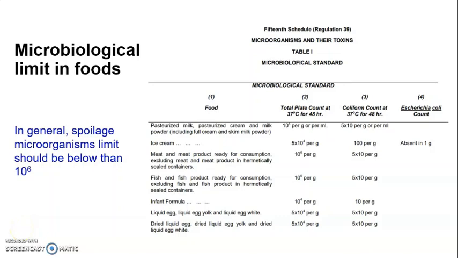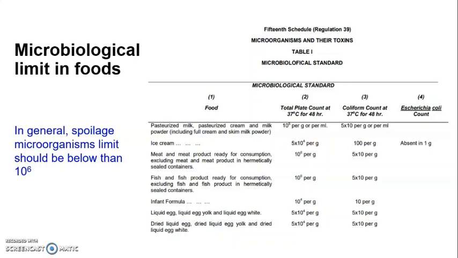So briefly, to summarize the microbial growth curve, we know that food is not sterile. There are microbes naturally present in the food, and those microbes can cause spoilage. So what is the limit for those microbes to grow in such food?